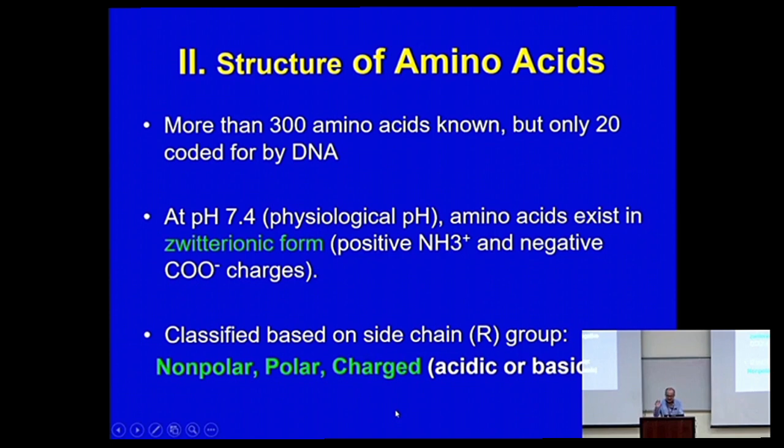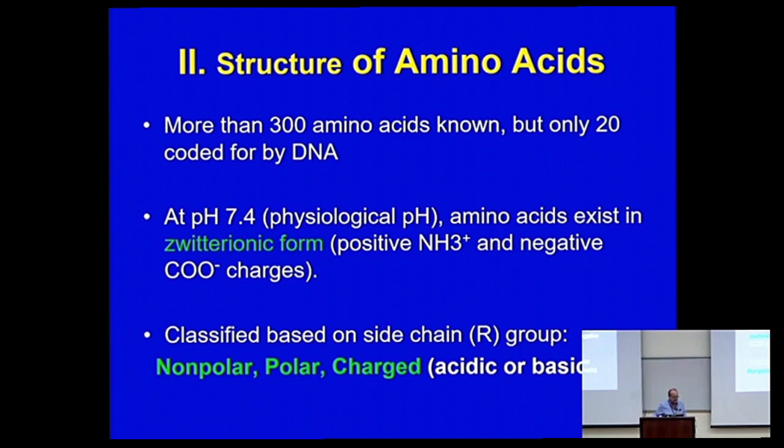That means the R group contains a net charge in it. That net charge could be either negative, acidic, or positive, basic. So there are two subgroups of the charged amino acids, and we'll talk about all of these in great detail in a minute.